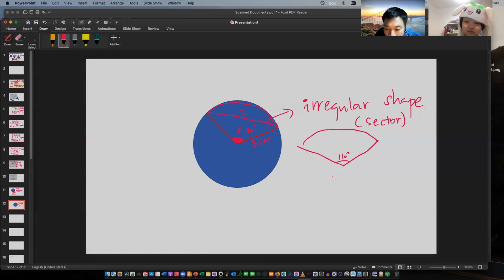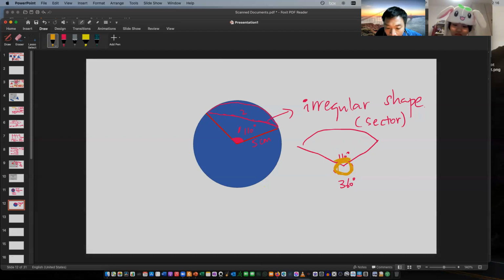So how are you going to find it? Do you know that the entire angle here is 360? One round is 360, and one round is the circle. Now I don't want to find one round, I just want 110 only.